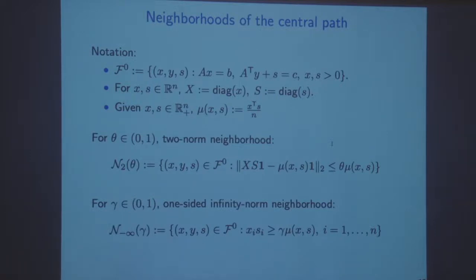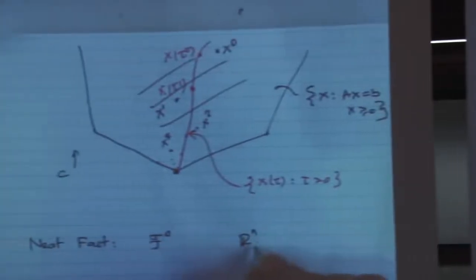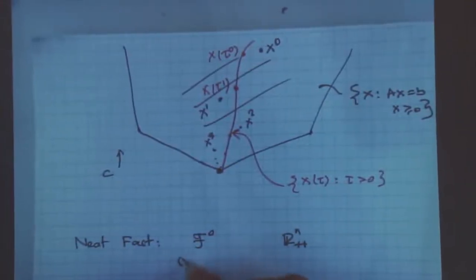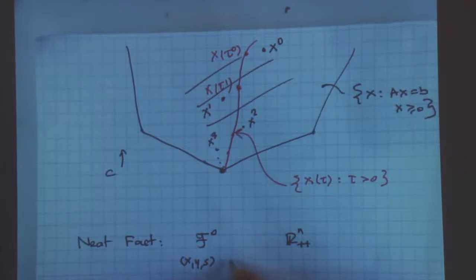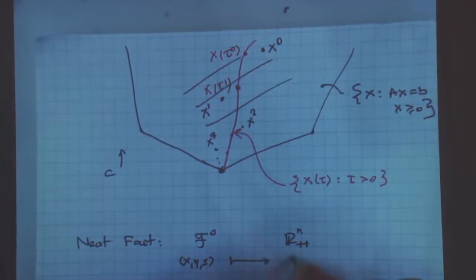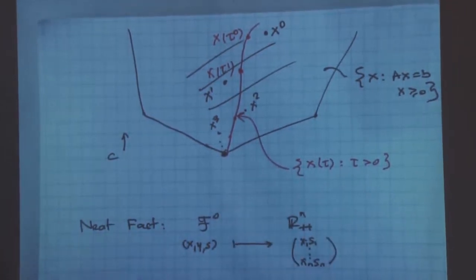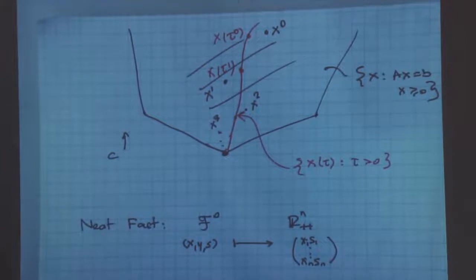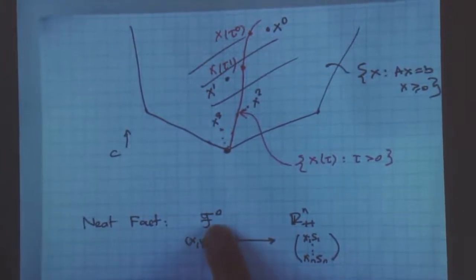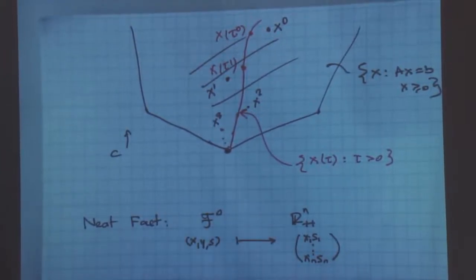Now there is a really neat fact. If you think about the following map, taking (x, y, s) to (x1 s1, up to xn sn), this is incredibly cool. F0 is isomorphic to R^n_{++}.